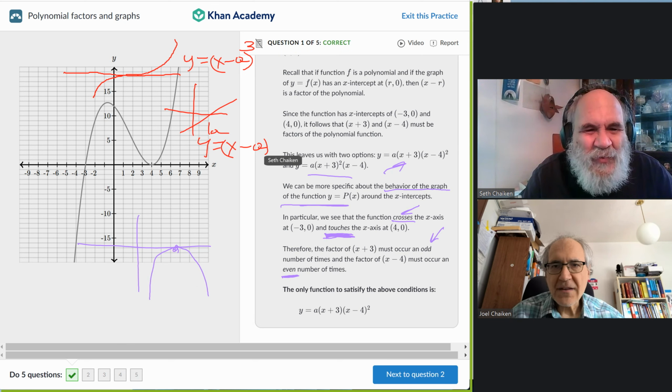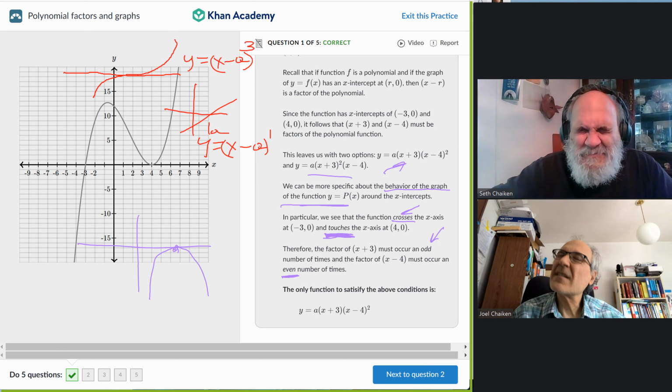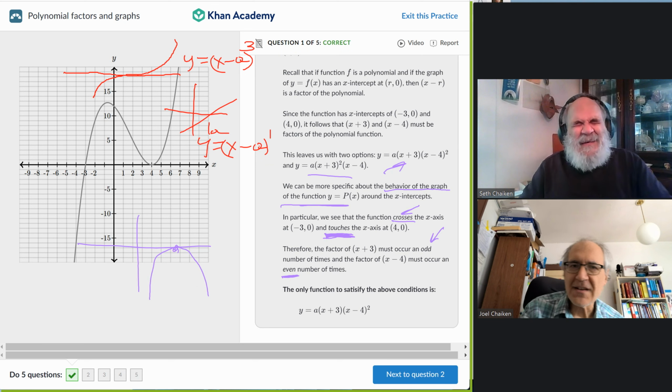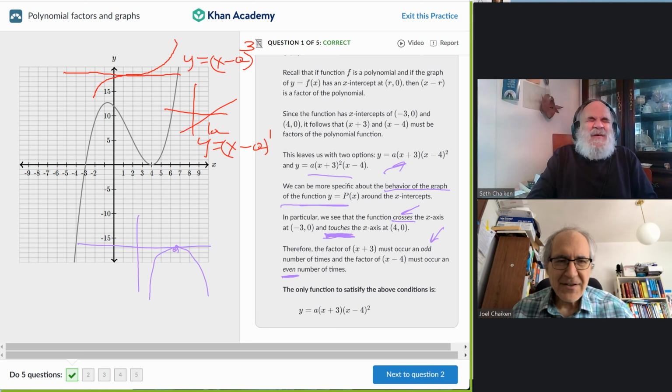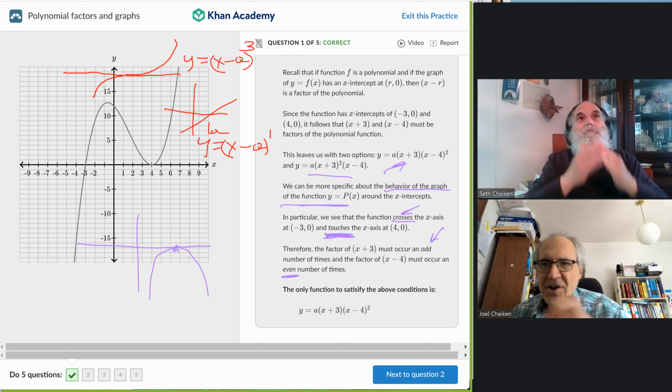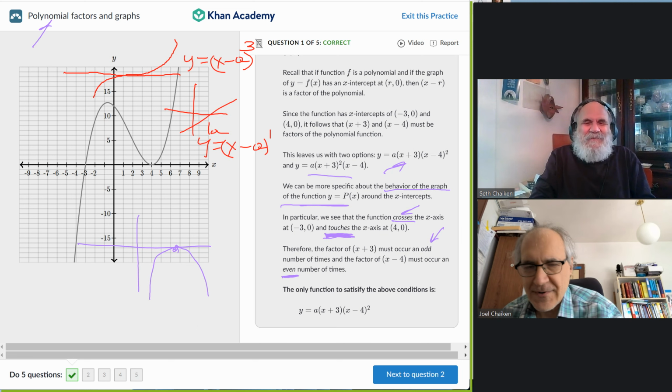And integers, right? Yes, integers. These are polynomials, and polynomials mean that you have integer exponents.